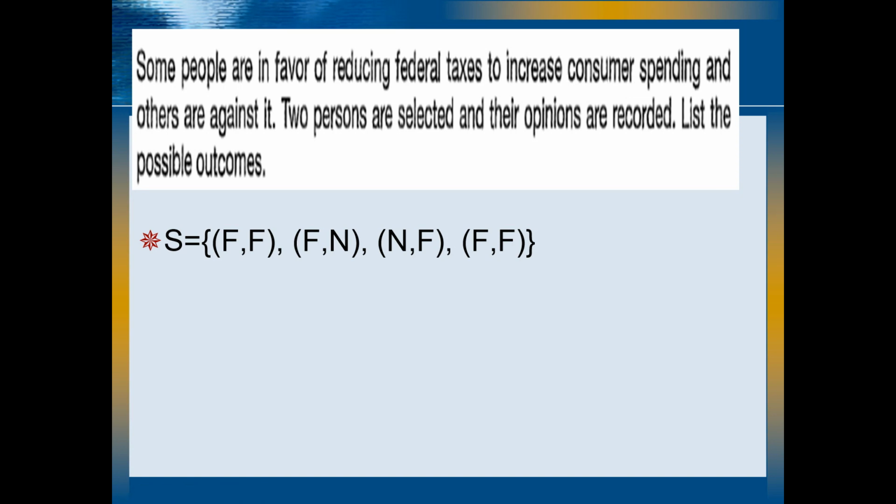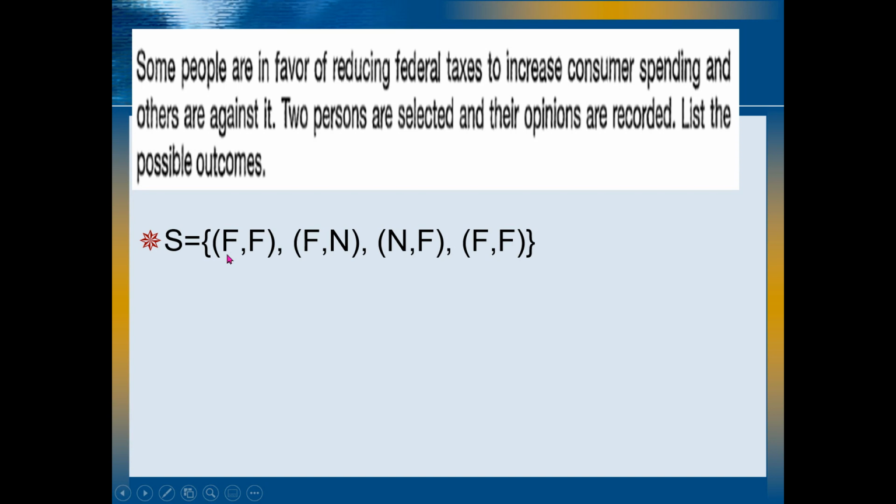While there is another school of thought who would say that reducing the tax rate is not a good idea. So let's say we select 2 persons at random and we record their opinions. So what is the sample space? Here we have only 2 persons, so we can easily enlist the entries of the sample space.